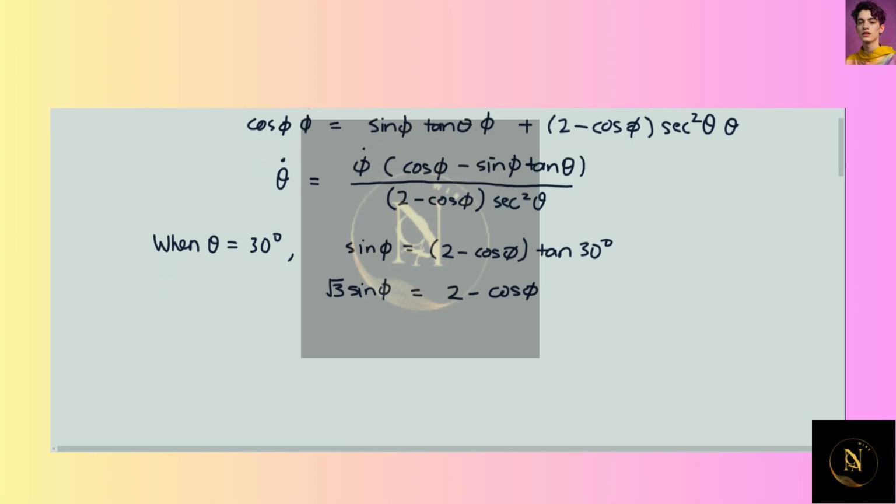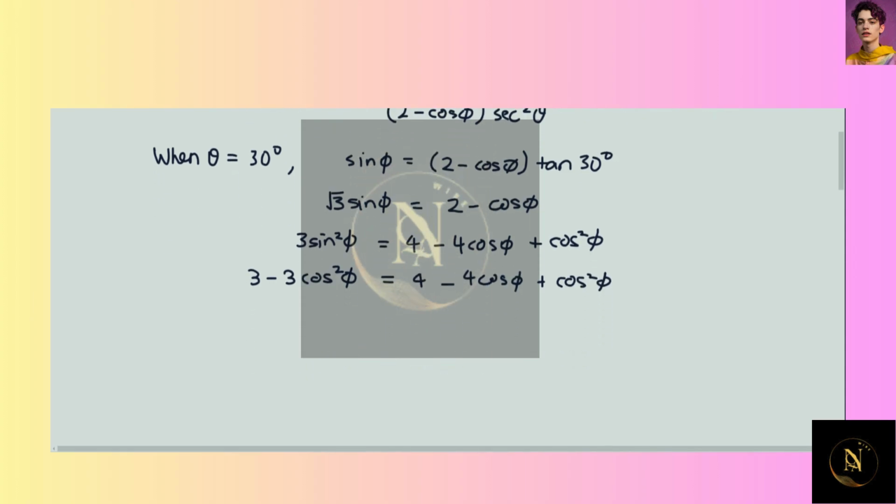You can try to get rid of the square root 3 by squaring both sides. So you have 3 sine square phi is equal to 4 minus 4 cosine phi plus cosine square phi. Using sine square phi equals 1 minus cosine square phi, we get 3 minus 3 cosine square phi equals 4 minus 4 cosine phi plus cosine square phi.